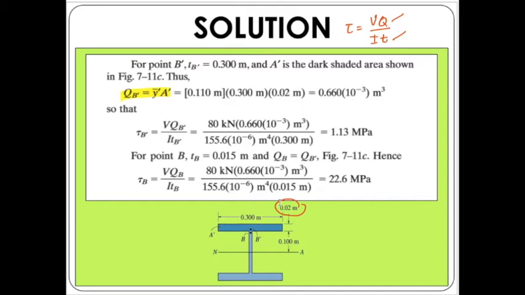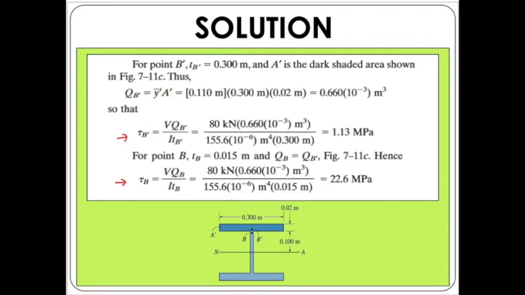In this example, the centroid of the whole section is located right in the middle of the section. It is an I section which is symmetrical, so you can see that the neutral axis is sitting right in the middle.